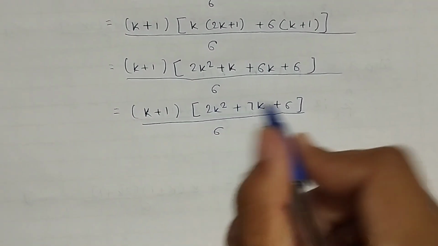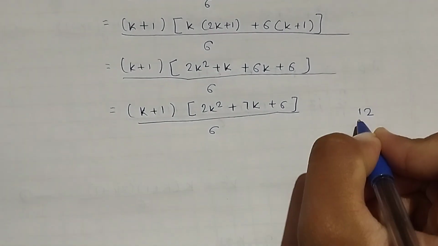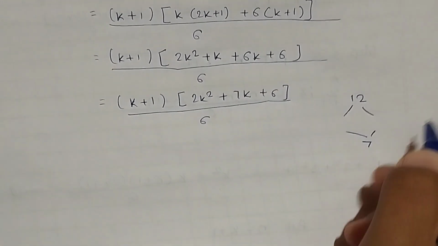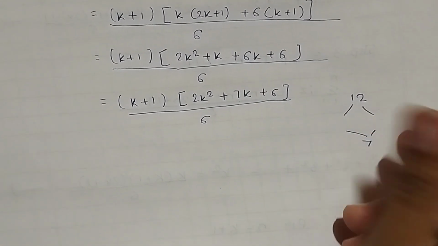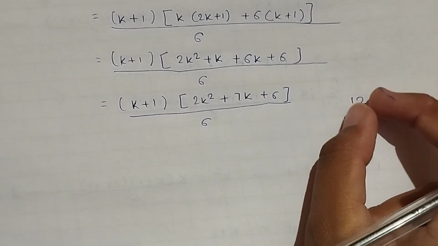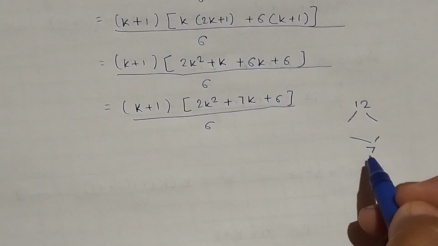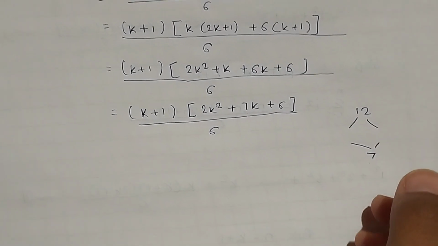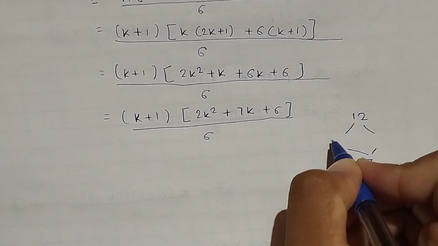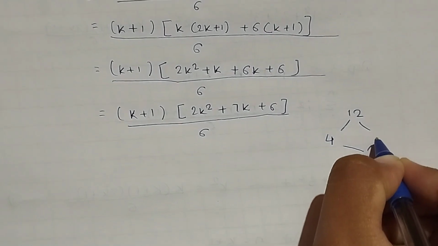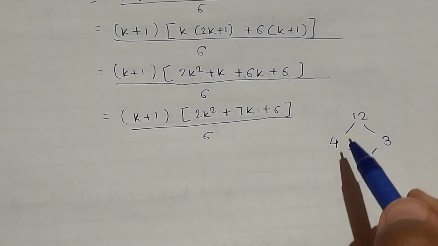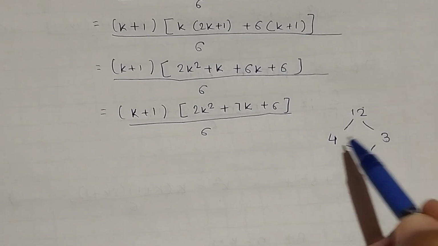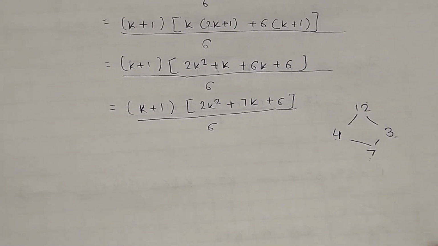So this 2 into 6 is 12, and this 7. So find the two integer numbers where the multiplication is 12 and the addition is equal to 7. If we put 4 and 3, we get 4 into 3 is 12 and 4 plus 3 is 7.